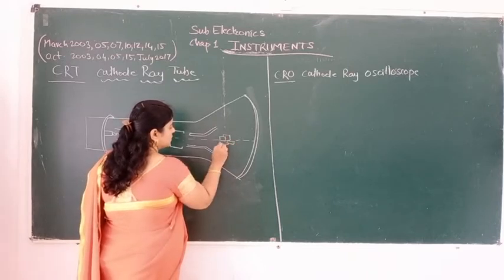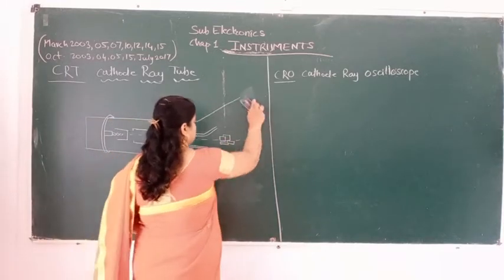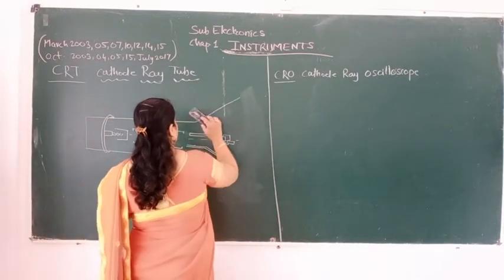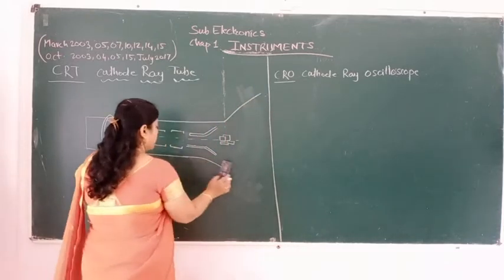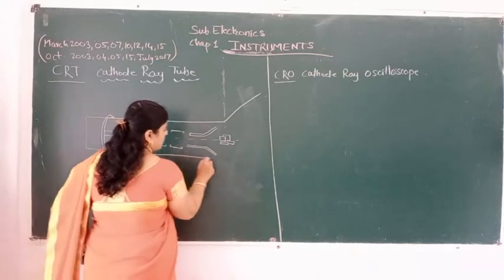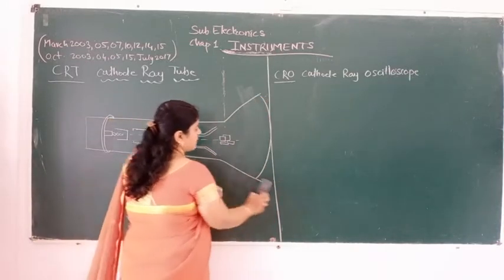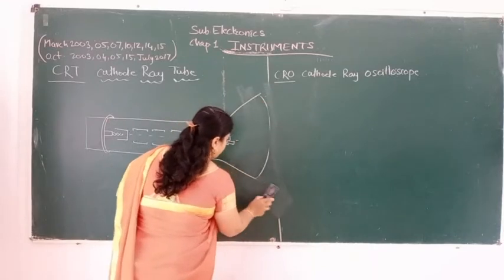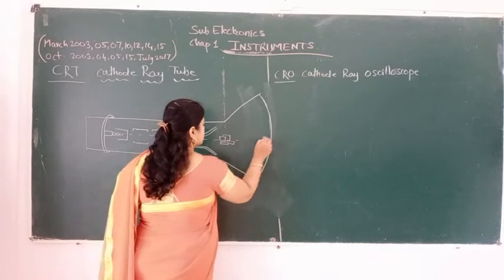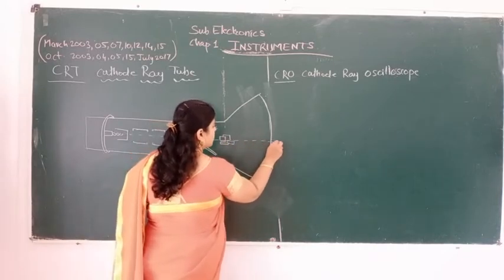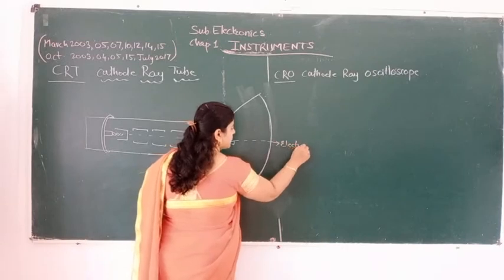Here is the horizontal plates. This is the screen where the beam strikes. This is the electron beam.